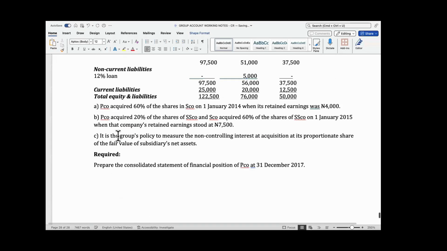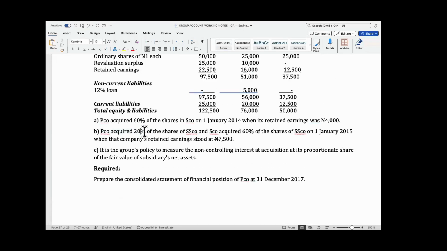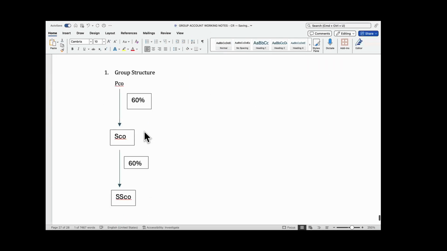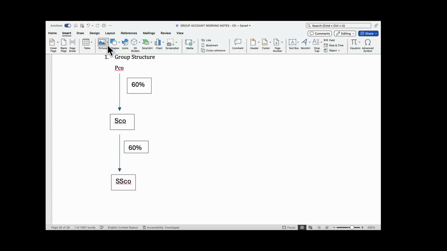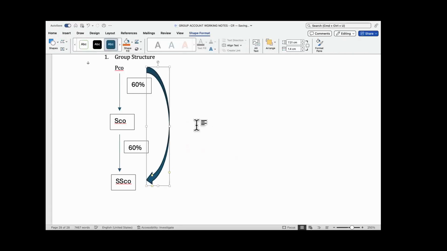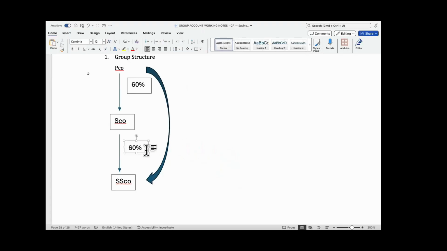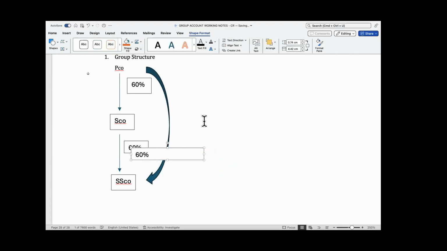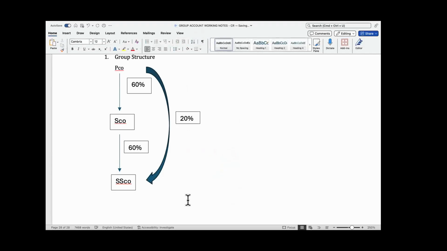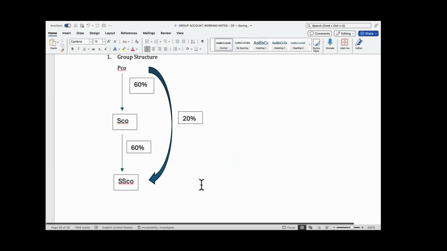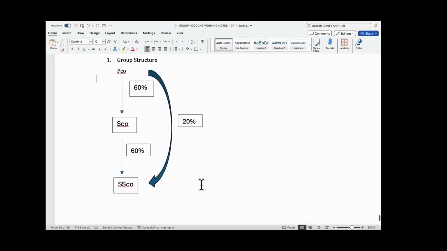Okay. Then what again? PICO also acquired 20% of SSCO. So PICO acquired 20% in SSCO. Okay, so this is the group structure. In the exam, it should be faster for you to draw it like that.